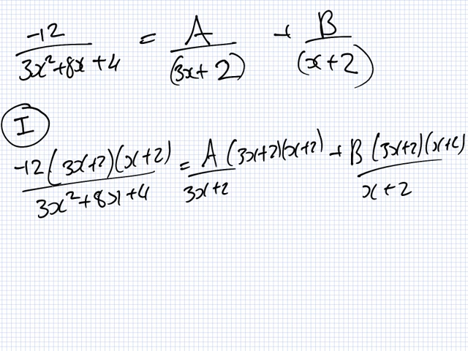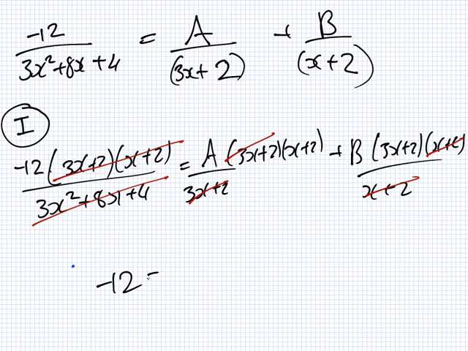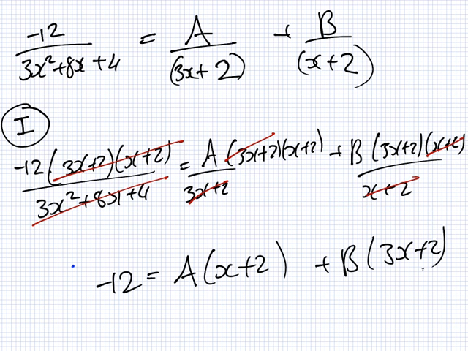Now what cancels on the left? The brackets and the denominator. Here, this cancels, and here, this cancels. So you're left with minus 12 equals A times x plus 2, plus B times 3x plus 2.